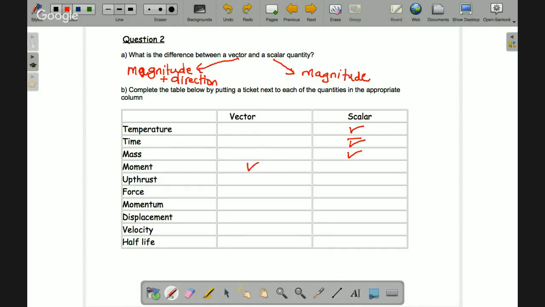Moment is a vector, because we're interested in whether it's anti-clockwise or clockwise. Upthrust is a vector because it only acts in one direction, and we're interested in that direction. Force is a vector, and because upthrust is a type of force, that's also why it's a vector. Momentum is a vector, displacement is a vector, velocity is a vector. Half-life we haven't done before, but half-life basically is time, so half-life is a scalar. Any questions on that one?